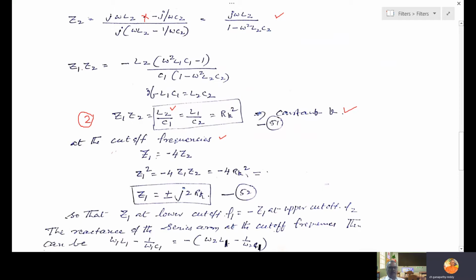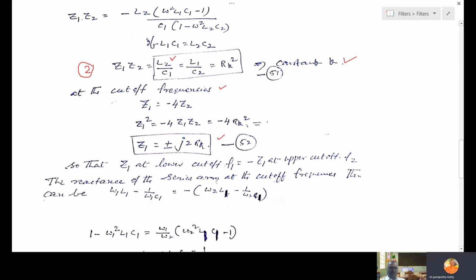Now, if I square it, multiply both sides with Z1: Z1 square equal to minus 4 Z1 Z2. But what is Z1 Z2 equal to? RK square. So minus 4 RK square. Find Z1, and you will get plus or minus j, because root of minus 4 gives plus or minus j 2 into RK. This is another equation.